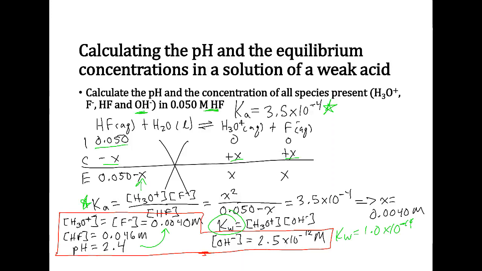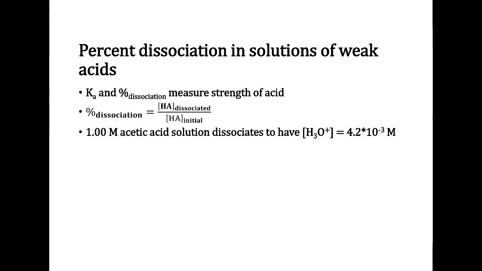So again, this is just like what we've done previously with equilibrium expressions and ICE charts, but now we're looking at the specific reaction of a weak acid dissociating. The last thing that is another possibility is sometimes you'll see people talk about the percent dissociation in solutions of weak acids. We won't really use this so much.